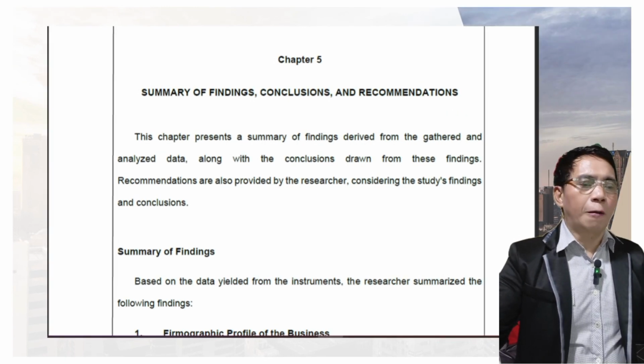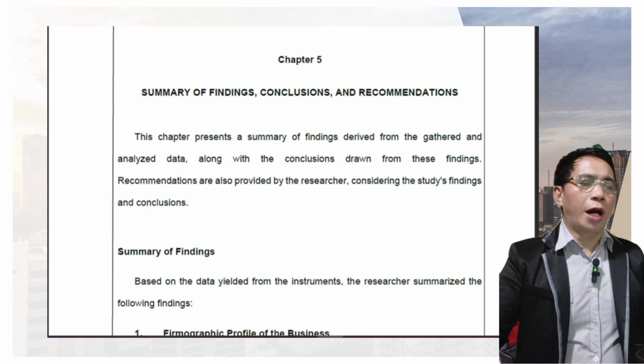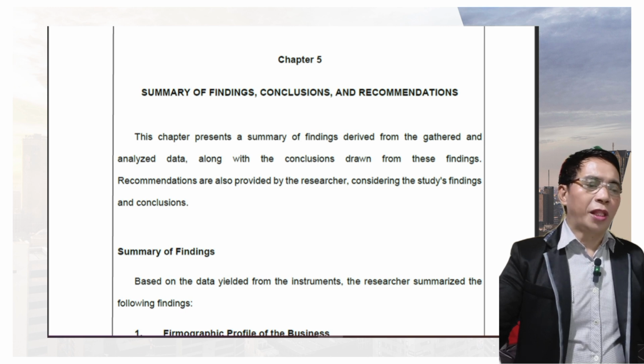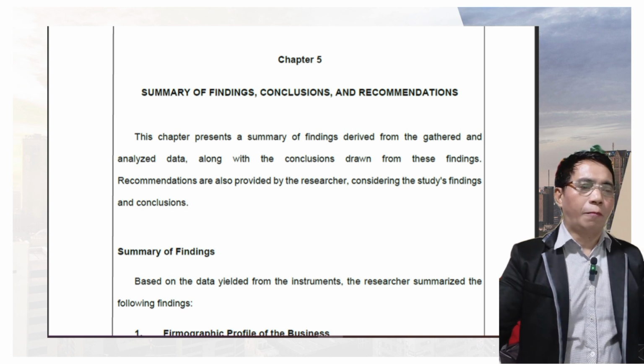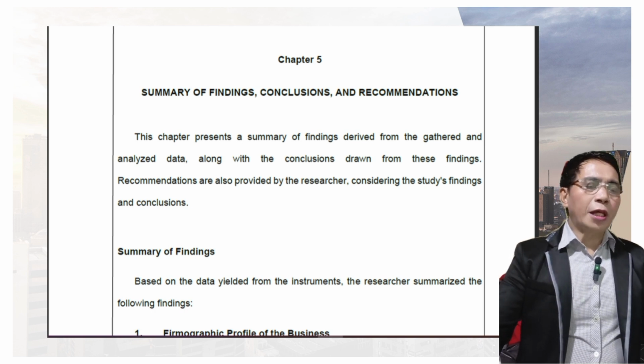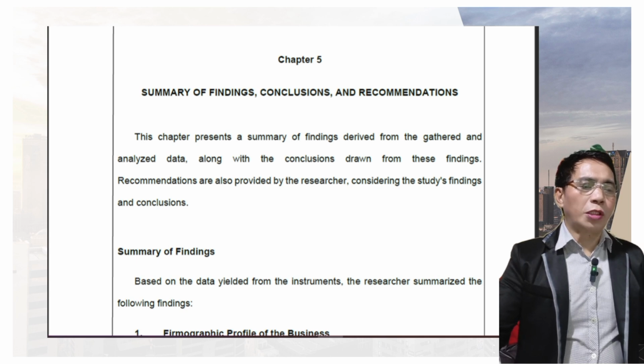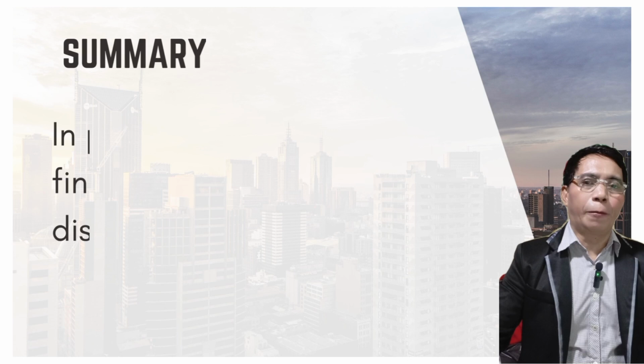It says that this chapter presents the summary of findings derived from the gathered and analyzed data, along with the conclusions drawn from these findings. Recommendations are also provided by the researchers considering the study's findings and conclusions. In presenting the summary of findings, always refer to the results discussed in Chapter 4.